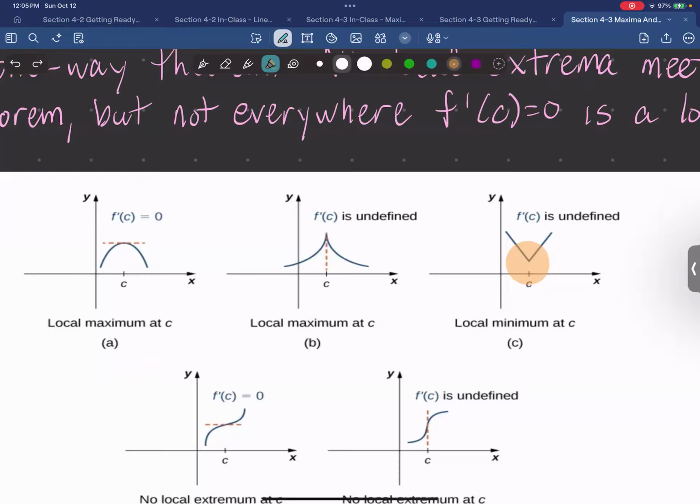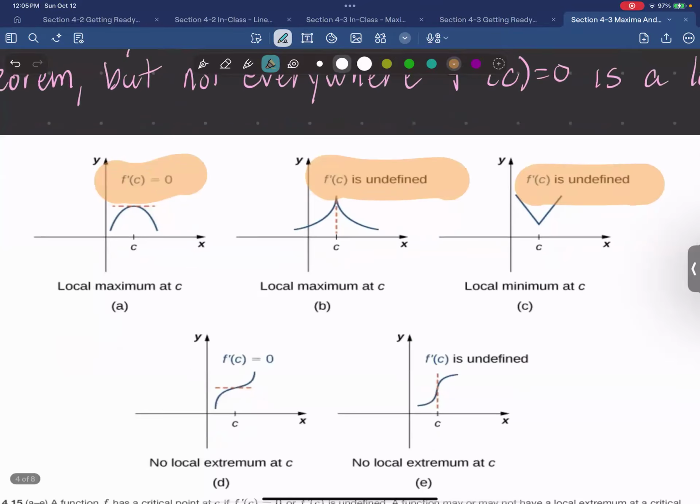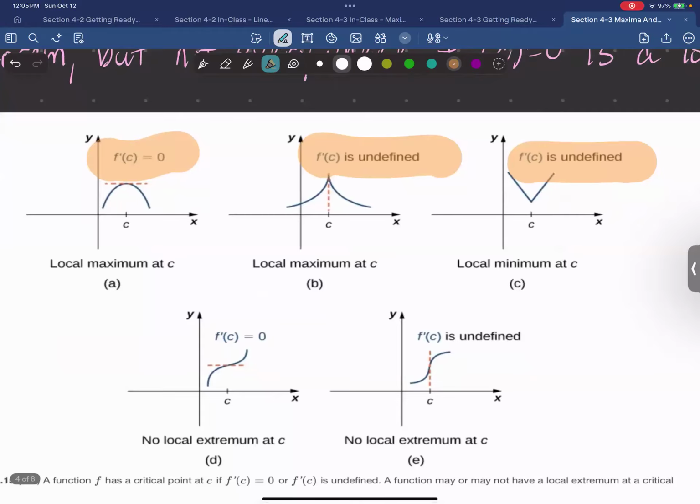So just because the derivative is 0, the local max or min will be where these are, but here's an example where it's not true. The derivative here is 0, but that is not a max or a min. The derivative here is undefined, but that is not a max or a min.